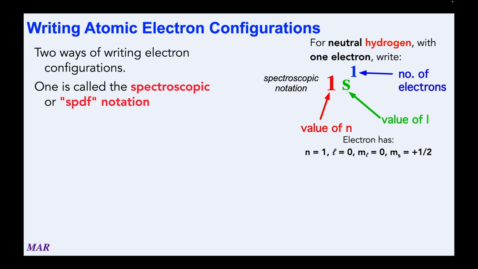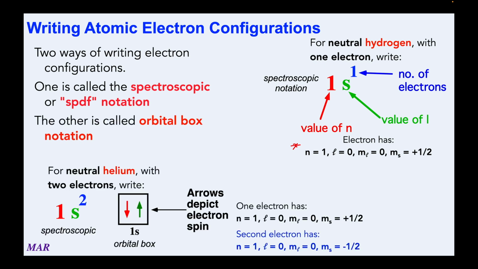So hydrogen has 1 electron, and earlier we saw the first electron, n equals 1, l equals 0, m sub l equals 0, m sub s equals plus 1/2. We always write the positive one first. That's 1 electron. That's the superscript right there. So that would be the spdf notation for hydrogen, and that's what we'll use most of the time.